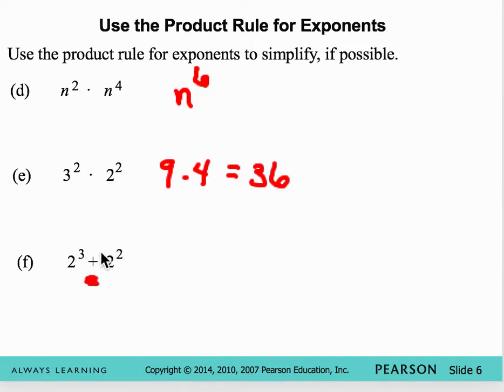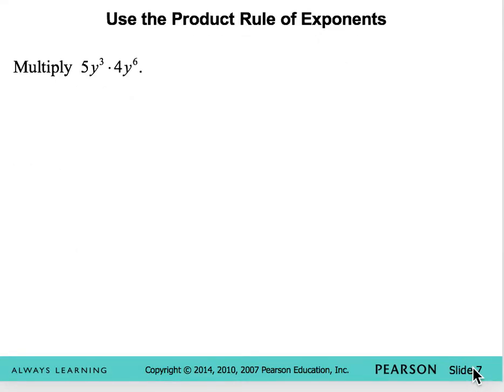So this is just 2 cubed, or 8, plus 2 squared is 4. I do not have an exponent rule if the bases are not the same, and if it's not a product, and actually quotient, a product or a quotient, not for adding or subtracting. We don't have our quotient rule yet, but we're going to soon. Okay.